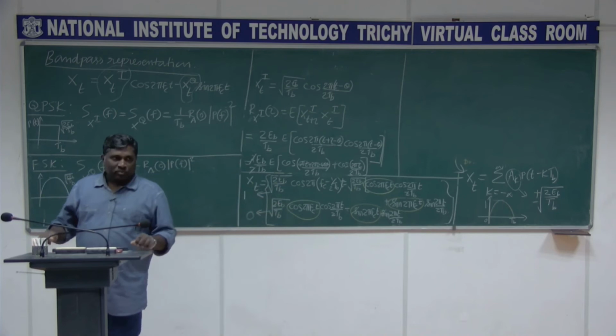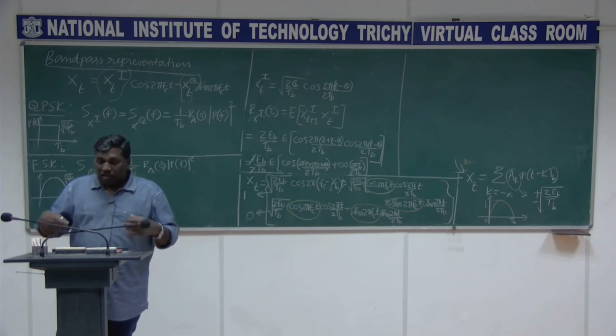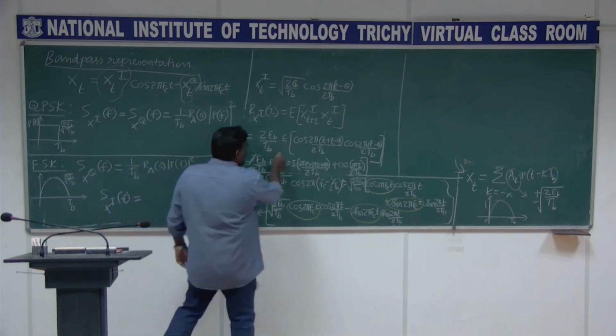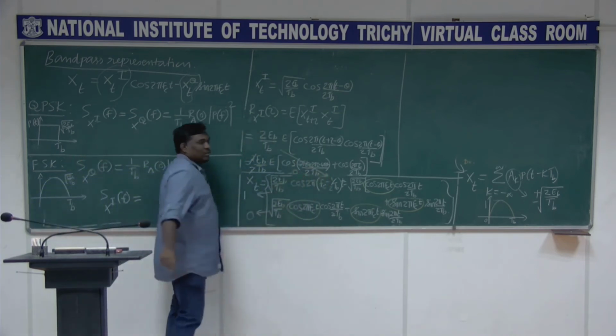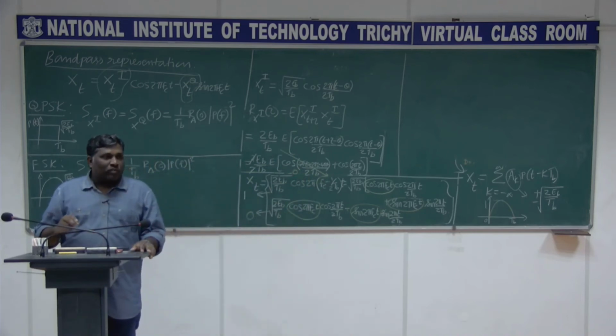Sine, right, and if I apply the limit 0 to Tb, the value is going to be 0. That is what I am telling you orally; I am not writing everything, because I know that the first answer is ending up with 0, because theta is uniformly distributed between 0 to Tb.